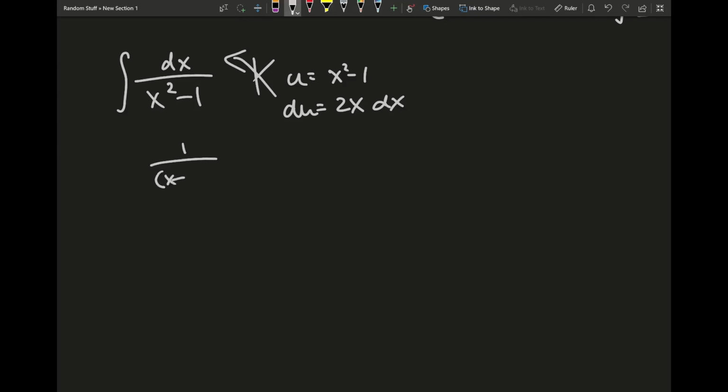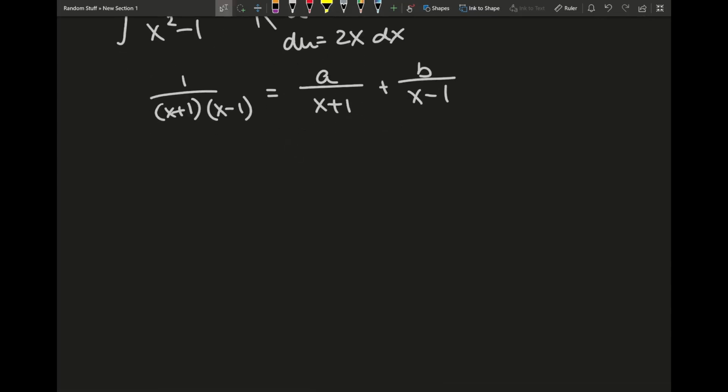So if we factor the bottom, we get this, and now split it up: A over x plus 1, plus B over x minus 1. Now solving: A(x minus 1) plus B(x plus 1) equals 1.